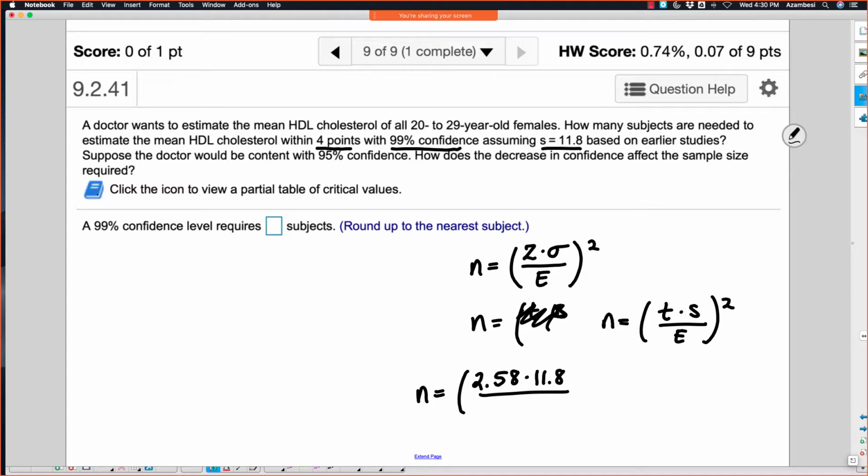Our margin of error is within 4 points, so here 4, and it's squared. Again, because we're using a sample size, we always round these up. So we would need at least 58 for our sample size.